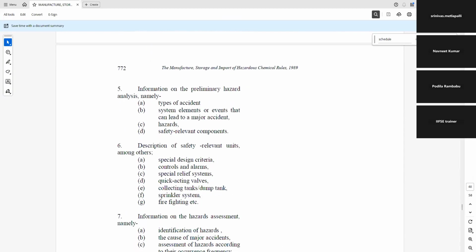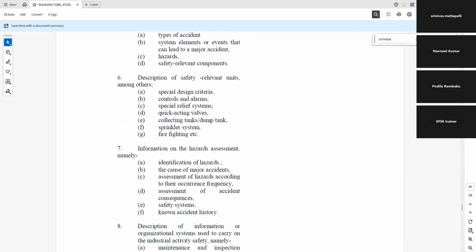Then you have information on preliminary hazard analysis, then safety relevant units.